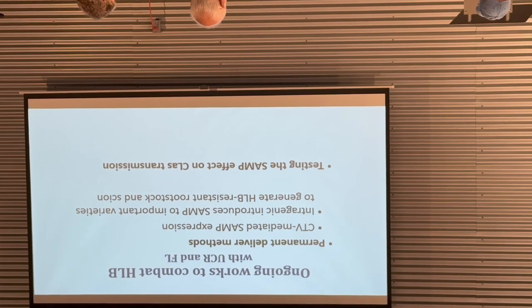That means all the sequences we are putting in can go through conventional breeding programs to express this peptide in the important varieties to generate HLB-resistant rootstock and scions. And we're also testing if the peptide can have any effects on suppressing CLas transmission.